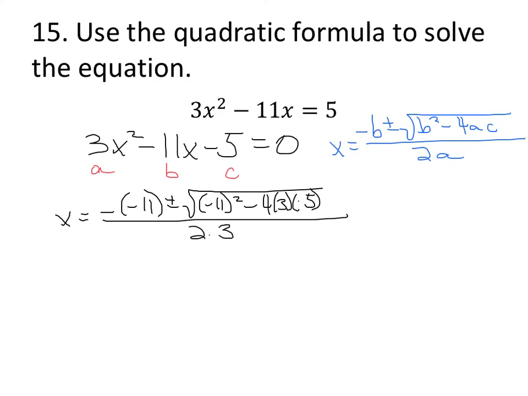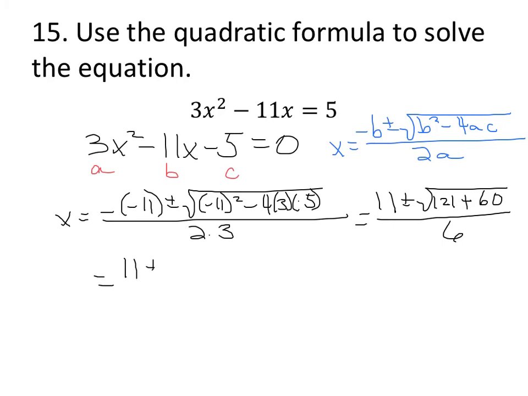So that's going to equal 11 plus or minus the square root of 121 minus 12 times negative 5 is positive 60 over 6. And that's going to be 11 plus or minus the square root of 181 over 6. And so now the problem becomes simplifying that radical, because 181 is not a perfect square.